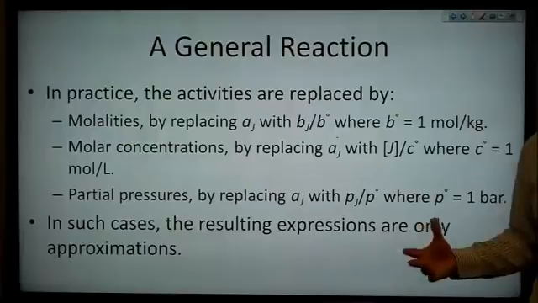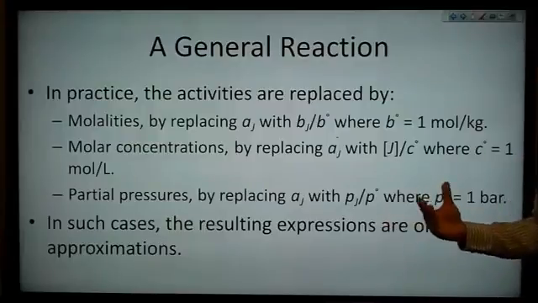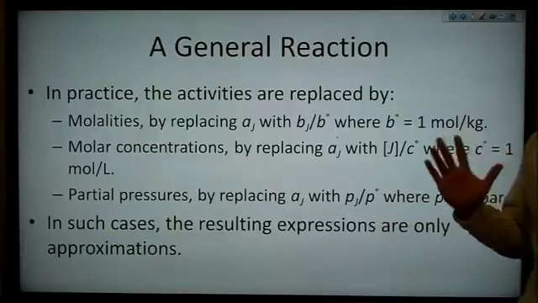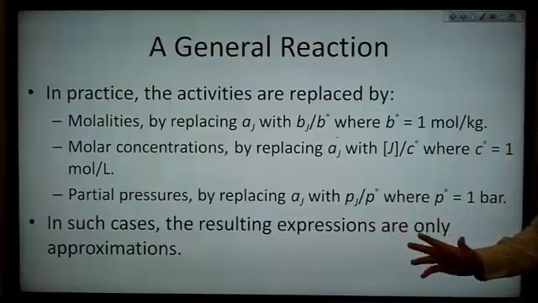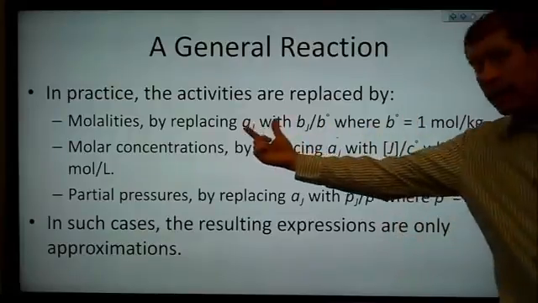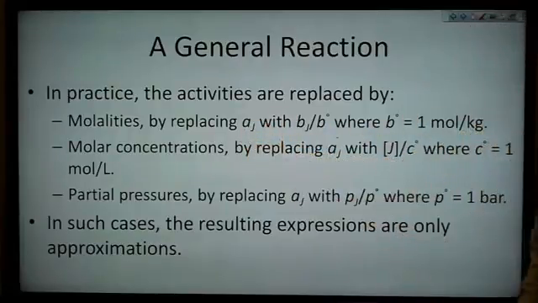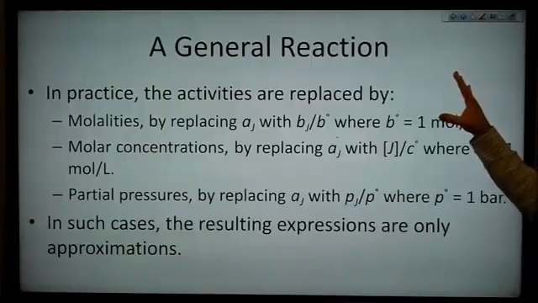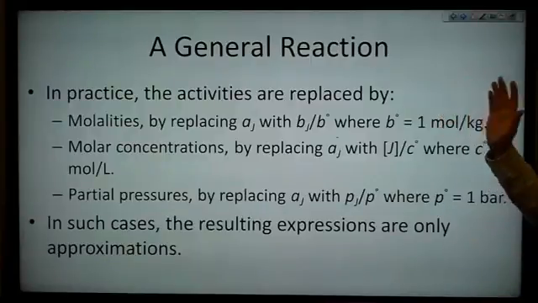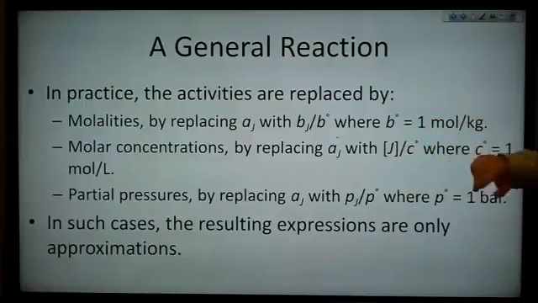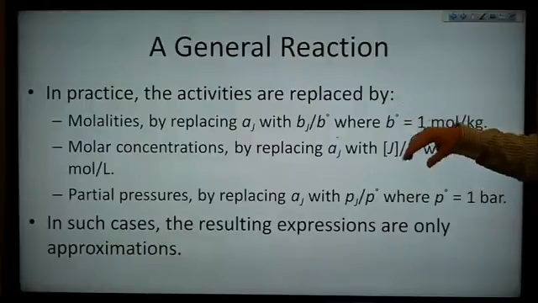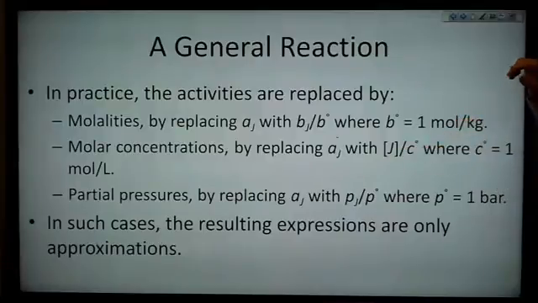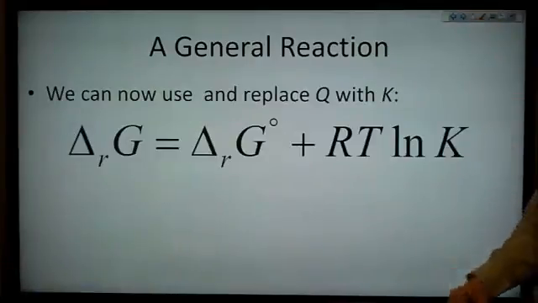So they're no longer exact, so you shouldn't treat them as being perfectly mathematically exact. But if we're using activity, these expressions that we've derived are in fact exact. If we replace the activity with either molality, molar concentration, or partial pressures, then they're just approximations.